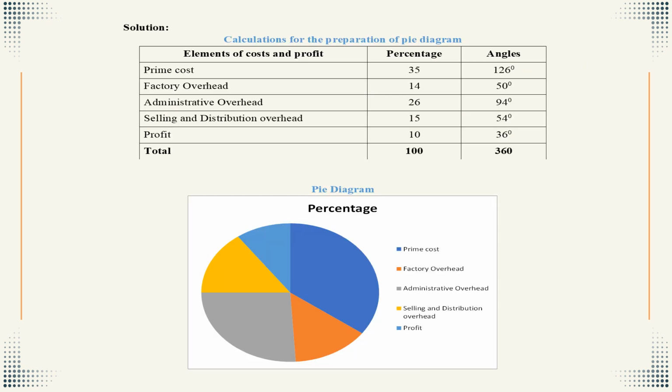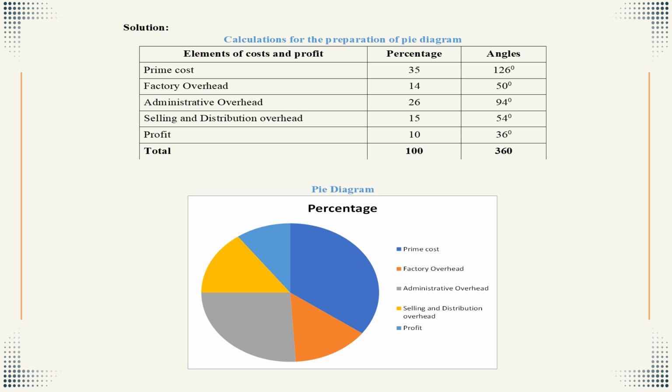Then for the preparation of the pie diagram, some calculation is to be done as mentioned earlier: the percentage is given and multiplied by 3.6, the value should be 126. Thereby the total seems to be 360. Here the total percentage is 100. The important thing is to multiply by 3.6. Then it would be plotted like that.